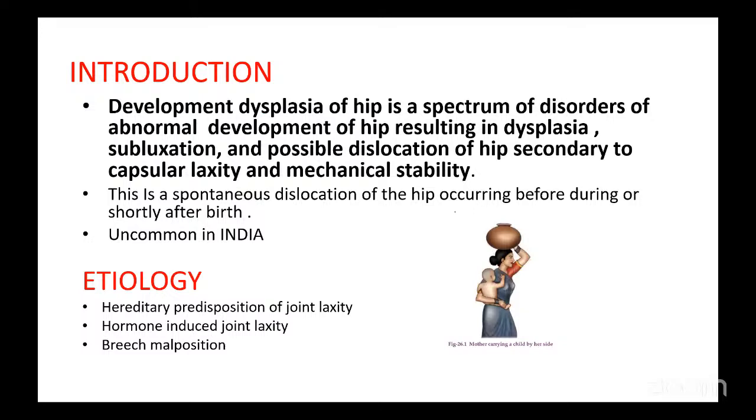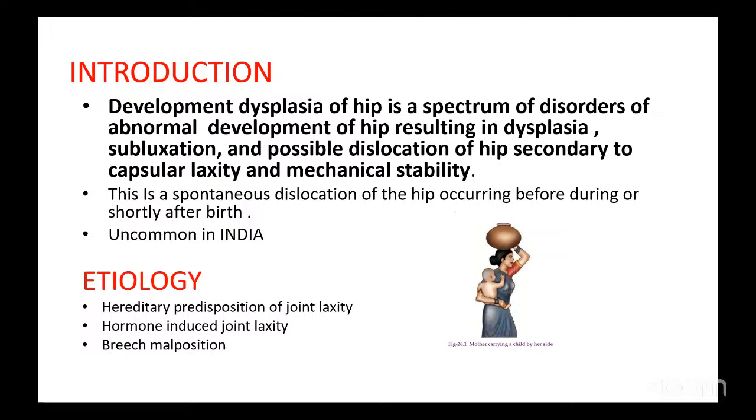Developmental dysplasia involves the hip joint itself and the surrounding structures. One is the acetabulum, the other is the femoral head. Around them are the capsule, the labrum, and some muscle structures lying anteriorly and posteriorly.